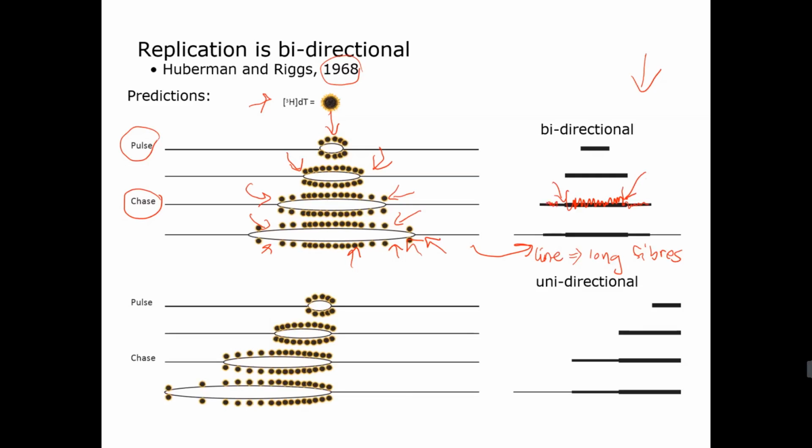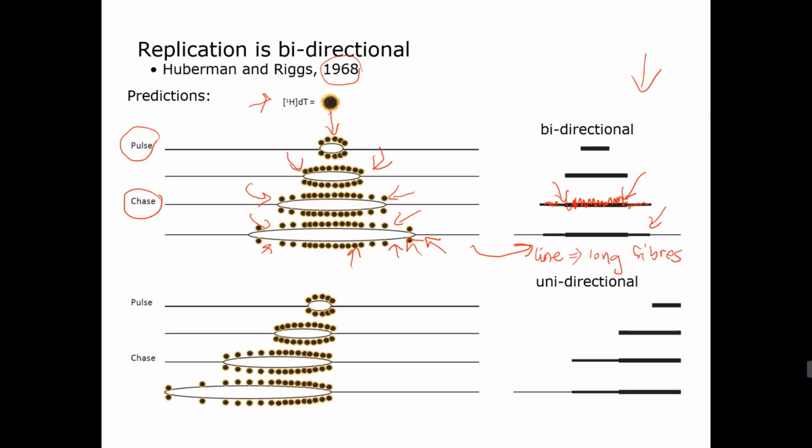Okay, so it's not as intense. So you kind of go from this very heavy amount of labeling to something that looks like that towards the end of the fiber. So all we're looking for here is to distinguish unidirectional from bidirectional.